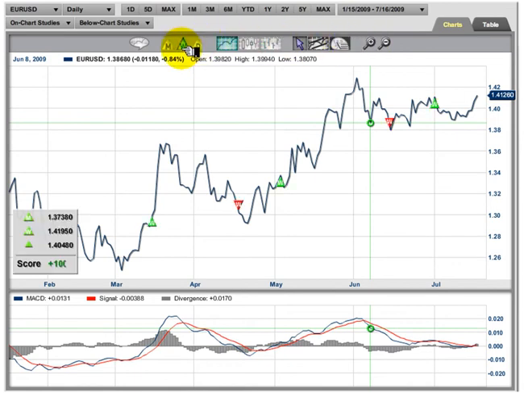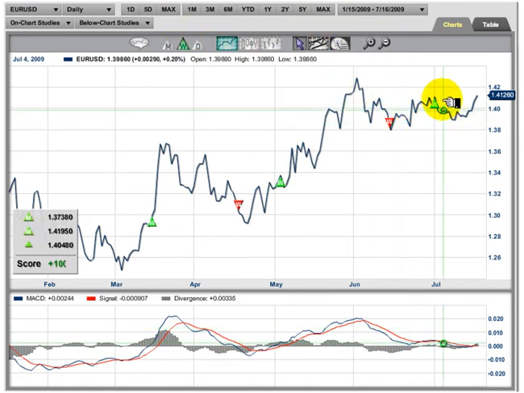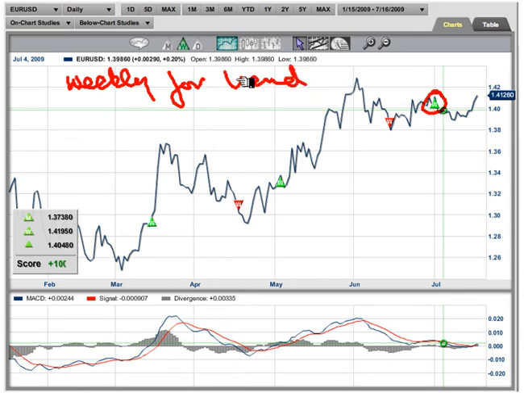We use our weekly trade triangles. As you can see here, we have a go on a weekly triangle saying it's higher, because in Forex, it's the weekly for trend and the daily for timing.